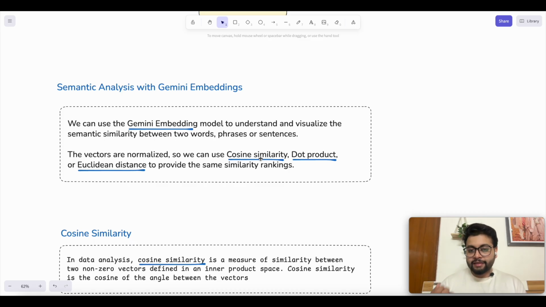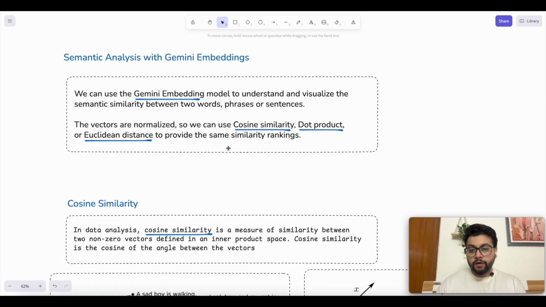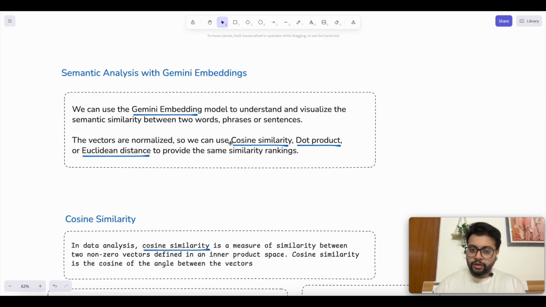Then you can expect that these two phrases or words are very similar, right? And you can not only perform cosine similarity, there are multiple other metrics to which you can send the vector embeddings to get the similarity ranking. Dot product and Euclidean distance are also among those metrics.